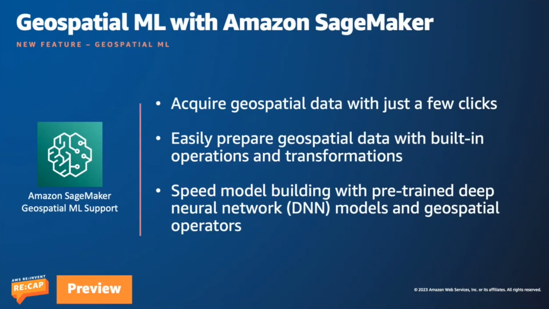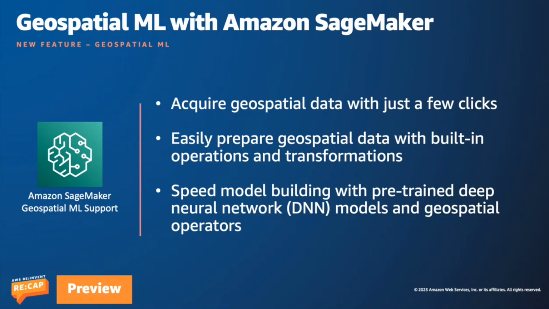When it comes to machine learning, a key functionality that we have introduced is geospatial machine learning with Amazon SageMaker. In our day-to-day activities, we may use apps to find our favorite restaurant or to travel the fastest route using geospatial data.